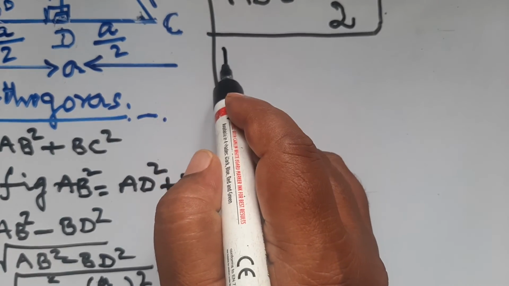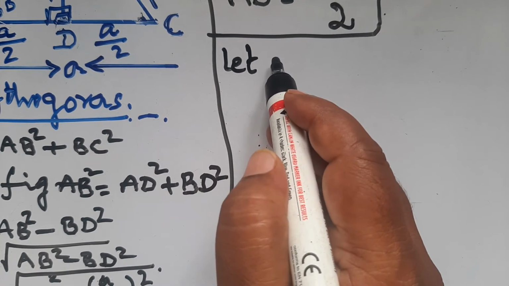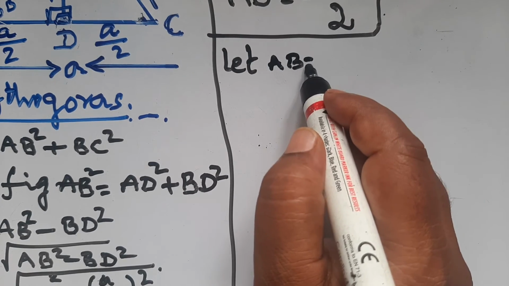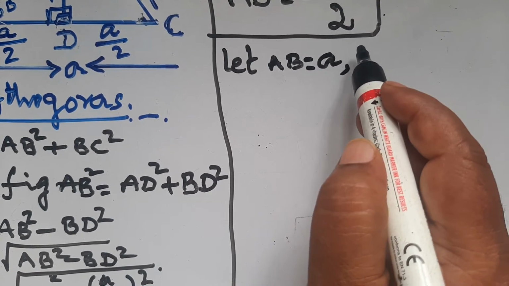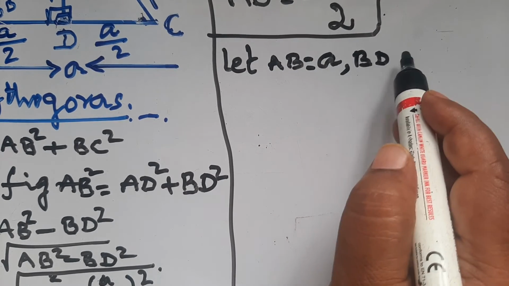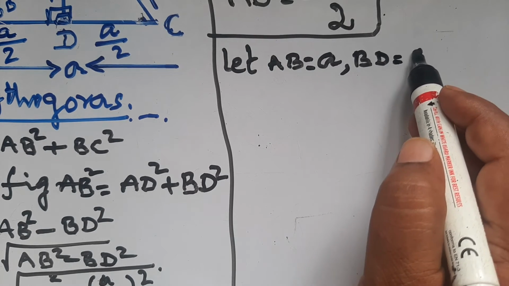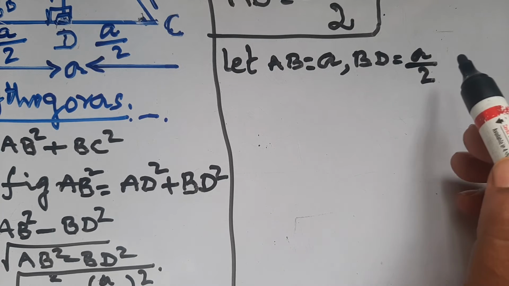Now, next, now we know that let AB is equals to a, BD is equals to a by 2. Okay.